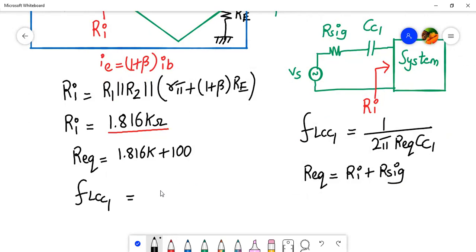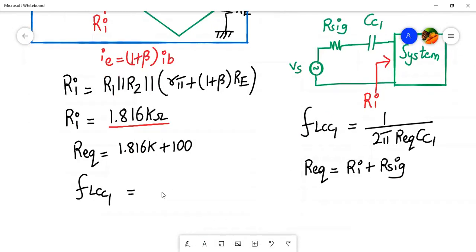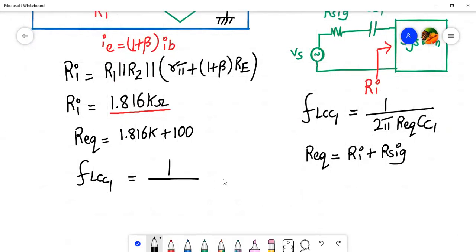Now we have a little short time, so I'm directly giving you the value. Let me rewrite the formula: 1 upon 2 pi into 1.916 K into 47 microfarad.